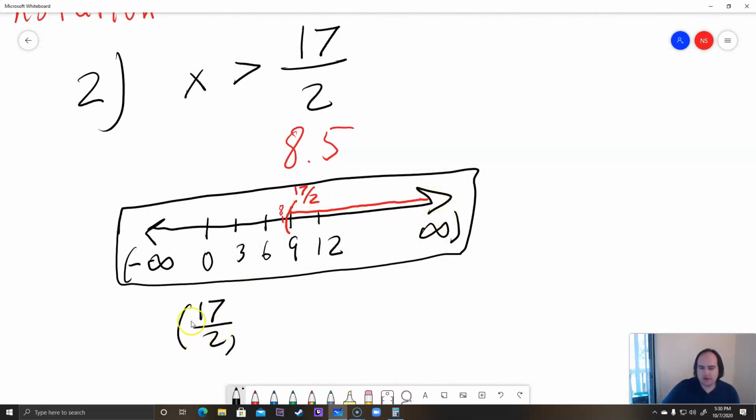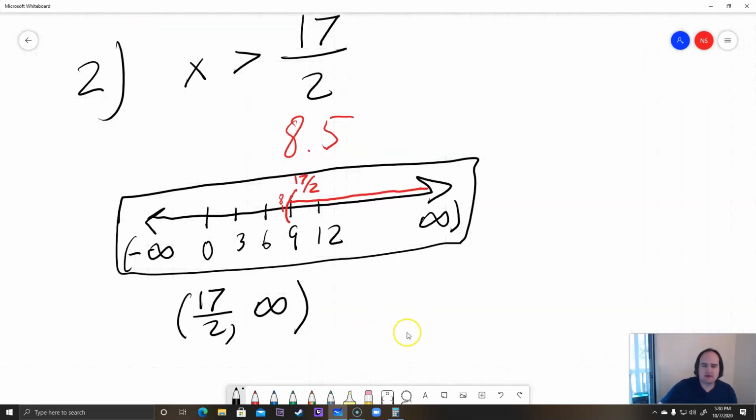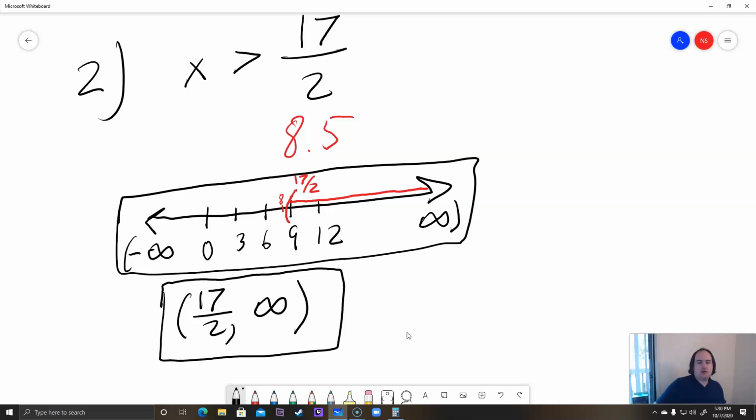So for our interval notation, we write parentheses, 17 over 2, which is the left side, and then comma, infinity, parentheses on the right side. So parentheses, 17 halves, comma, infinity, parentheses. Always use parentheses for infinity and negative infinity. Okay, and that's the whole problem. This one right here is the graph, and this one right here is the interval notation.